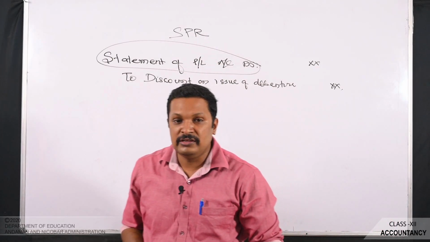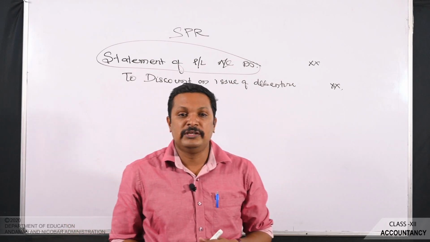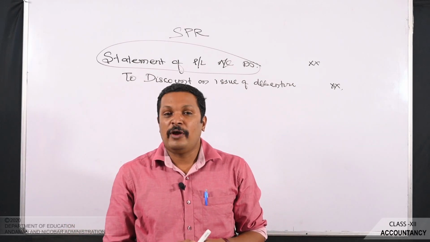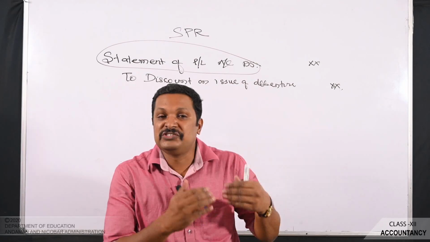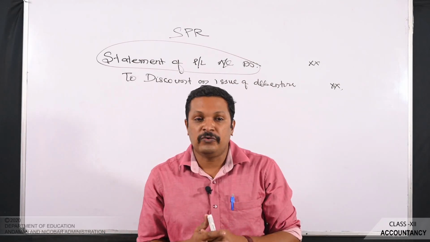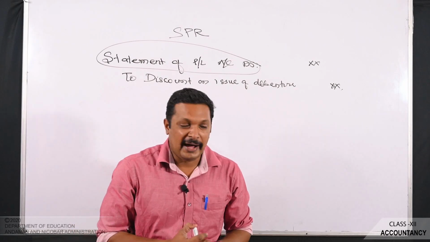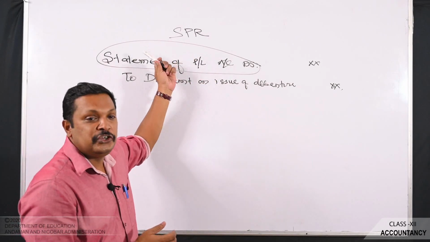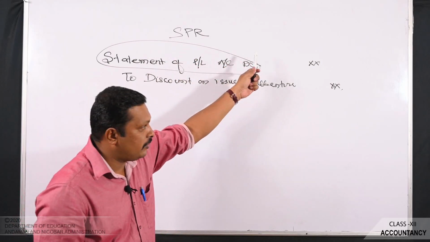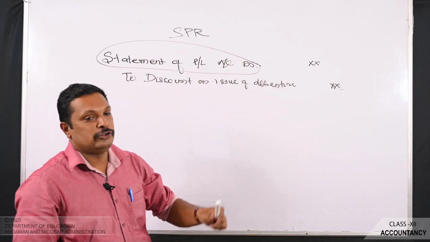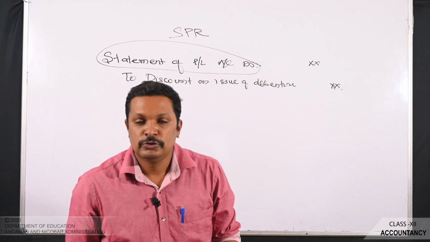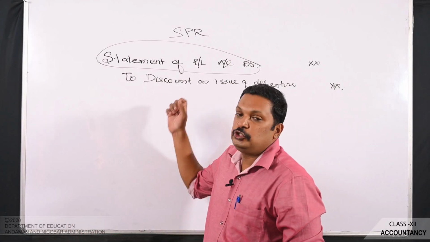So every year end we have to write off the discount on issue of debenture, as it is a loss for the company. Every year's profit we have to adjust, we have to compensate, by writing off the discount on issue of debentures by passing the entry. The entry is once again statement of profit and loss account debit to discount on issue of debenture, otherwise securities premium reserve account debit to discount on issue of debenture.